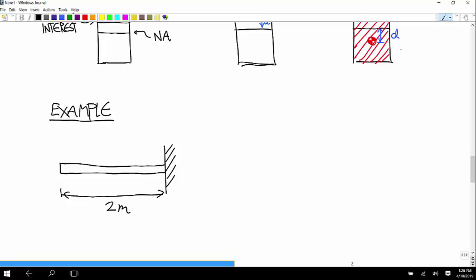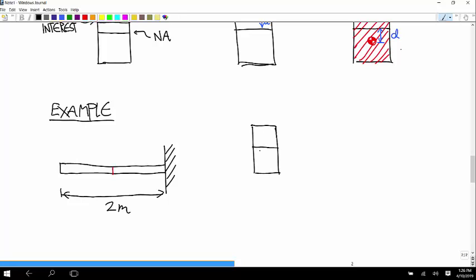And we're interested in what's happening right at the midpoint. And let's say that the cross section of this beam is rectangular.